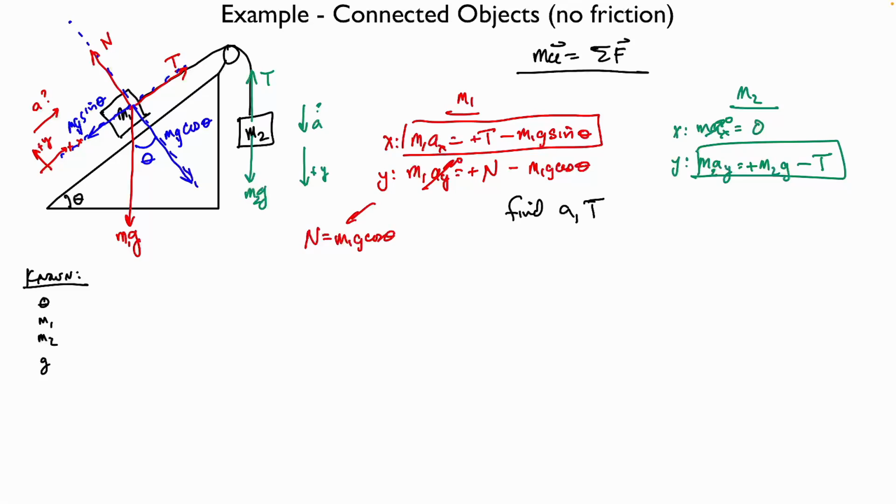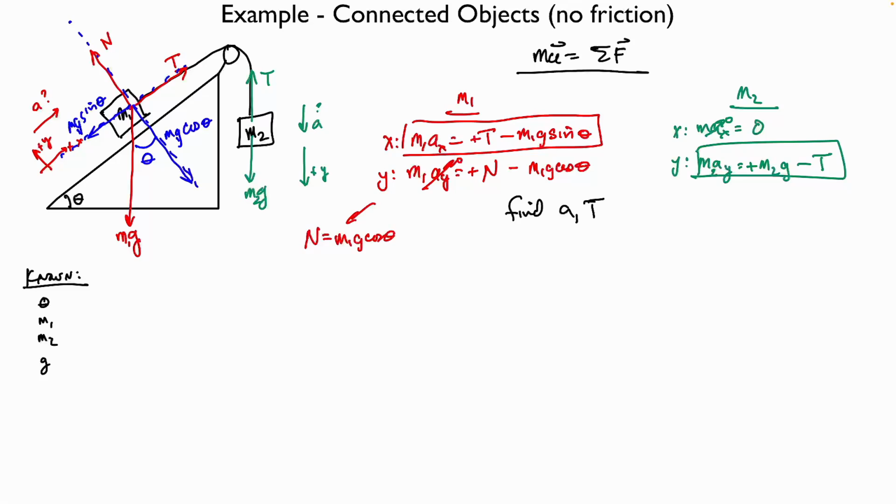So how do we solve this? How do we find a and T, 2 unknowns, if we have 2 equations? There's lots of different ways you may or may not have been taught in high school, or paid attention in high school algebra class or whatever, right? It's 2 equations with 2 unknowns. So you just go for it, right?